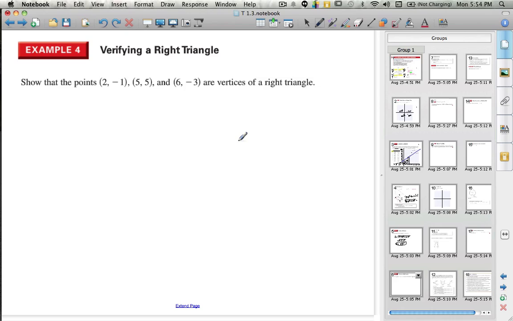Now I can also use the distance formula to verify a right triangle, because when I know the length of a, the length of b, and the length of c, a squared plus b squared must equal c squared. If I wanted to launch into a problem like this, I'd want to create a little bit of a sketch.